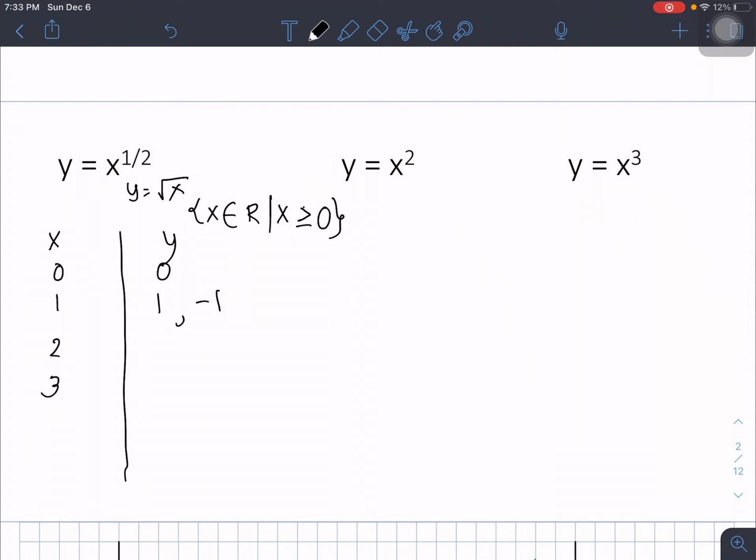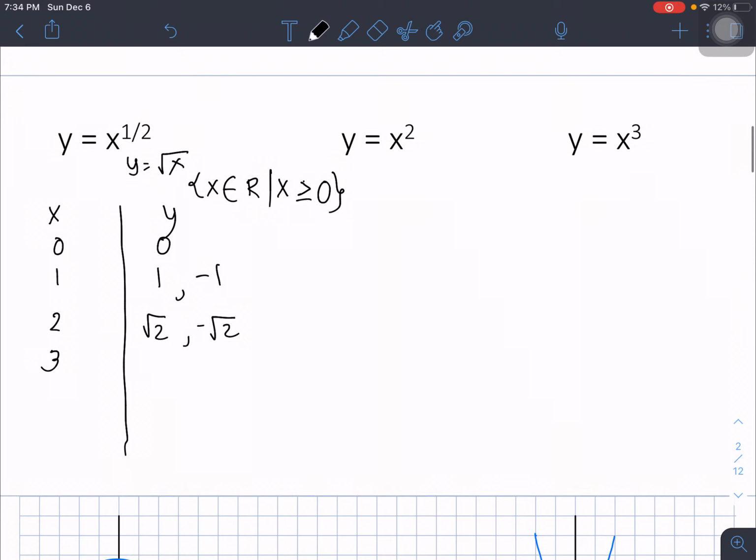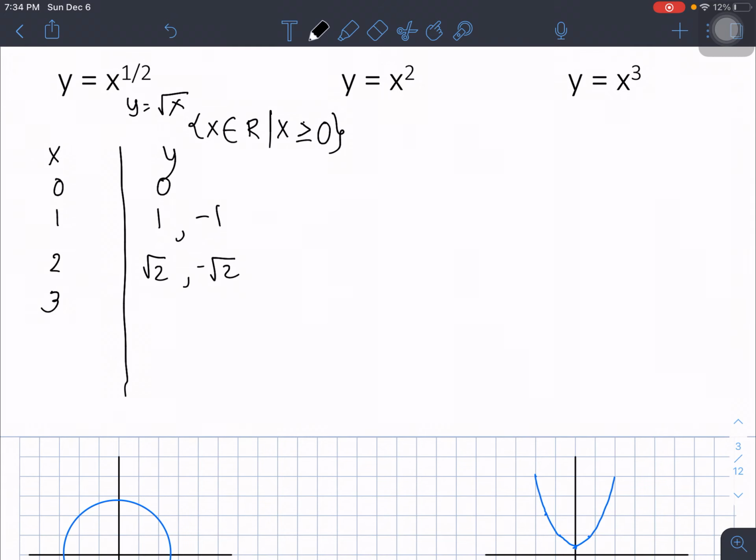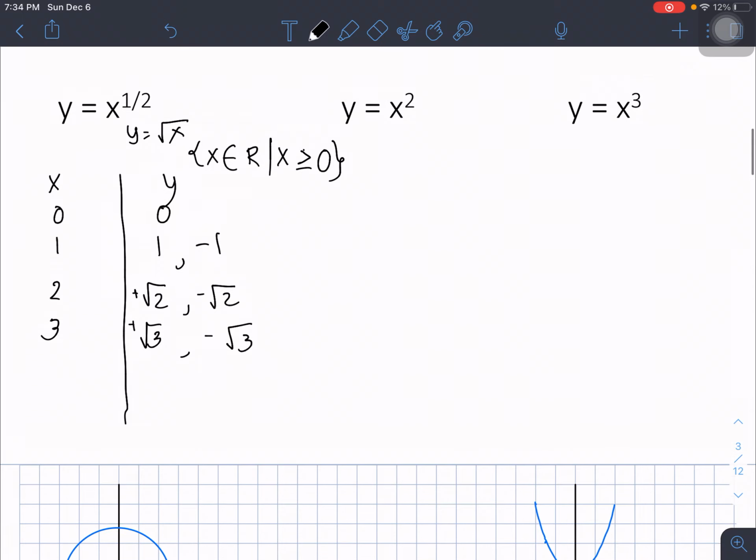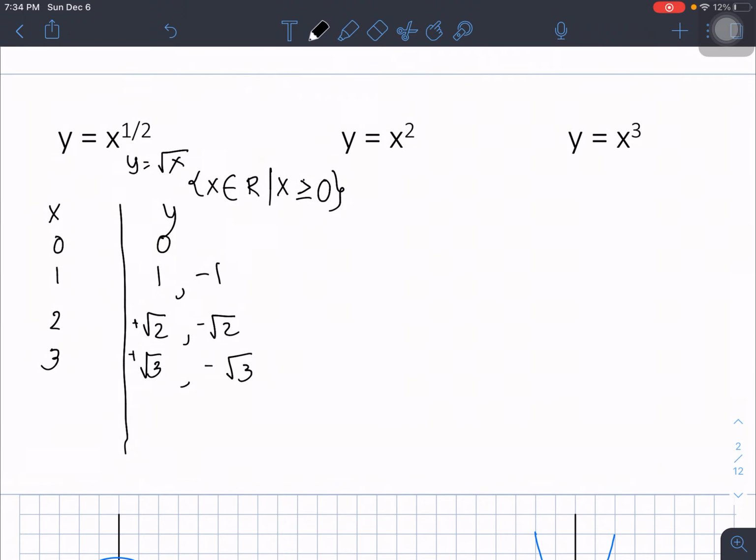If x is equal to 2, then y would be the square root of 2, or negative square root of 2. And if x is equal to 3, y could be positive 3 or negative 3.